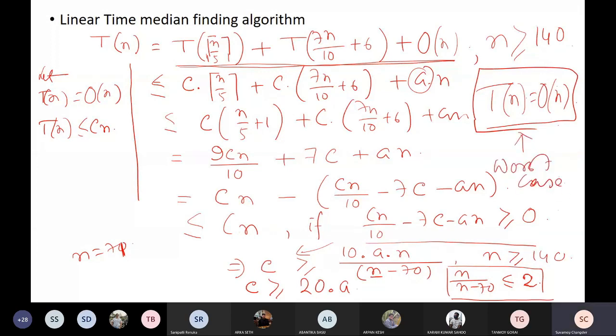So this algorithm gives us worst case linear time. That is all about the linear time median finding algorithm.